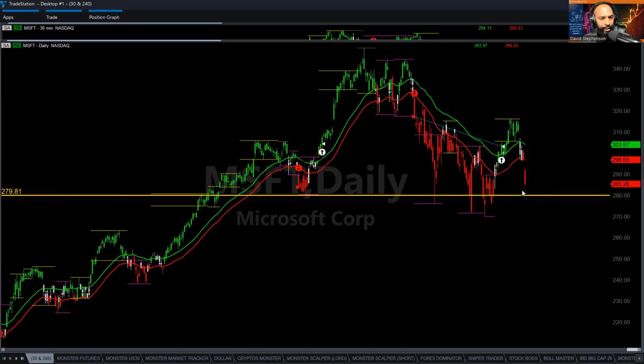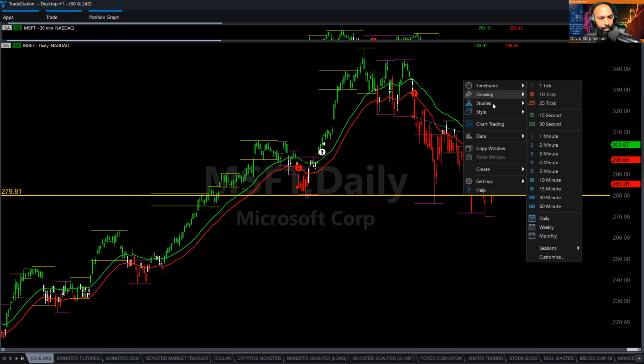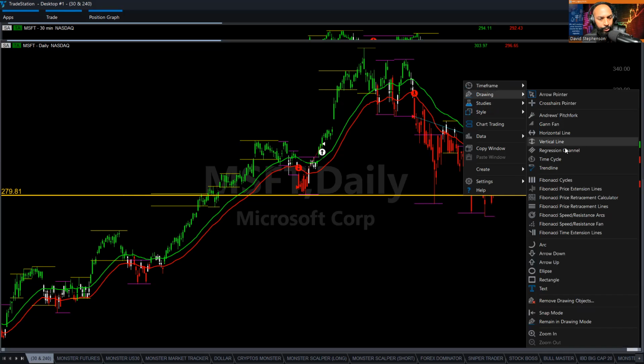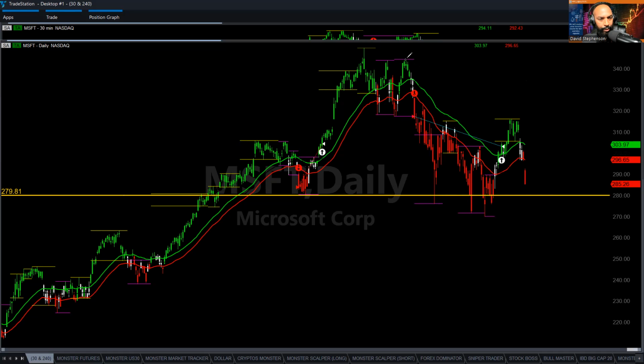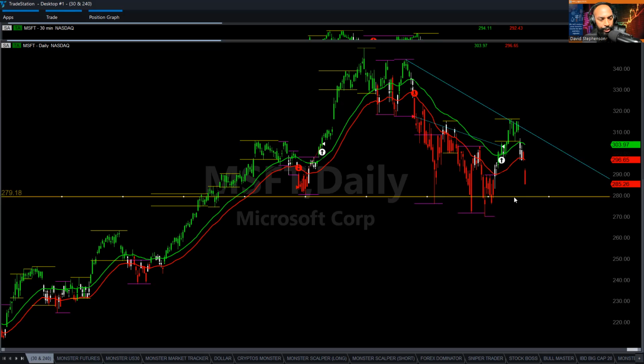This is still early selling. If you look, compare to here, it's failed to break out to the upside. So if you look here, it's failed to break to the upside. This is going to be a big area here. So it's up to you if you want to take the risk.